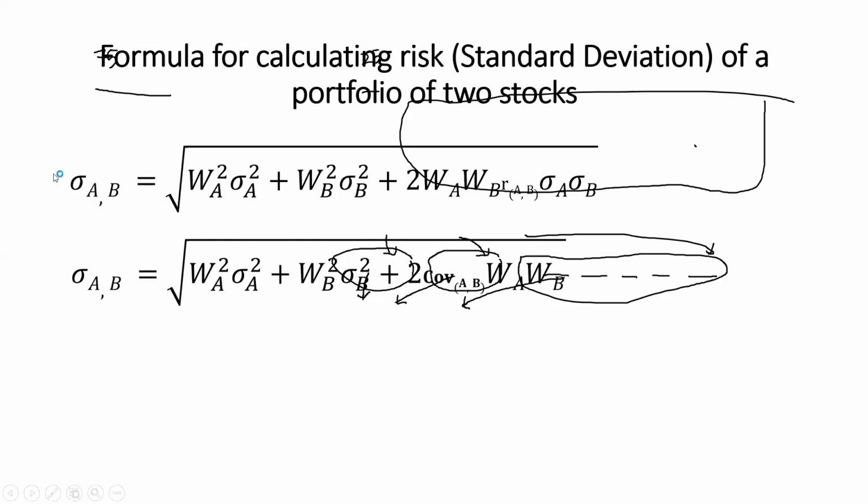You can substitute values and directly get the answer, because the covariance formula is a little easier. What you do is you take A minus A bar into B minus B bar upon market variance. So that becomes easy for you to calculate, right? Yes, sir. Got it.